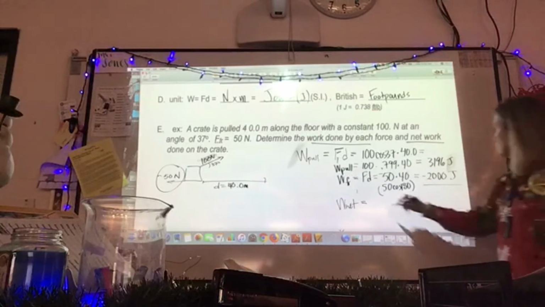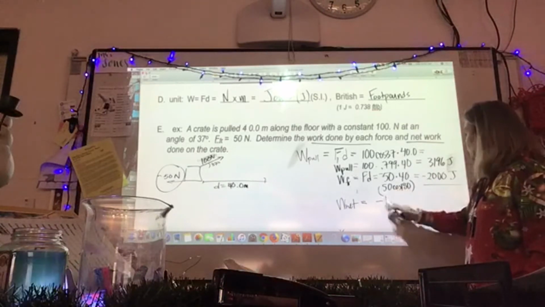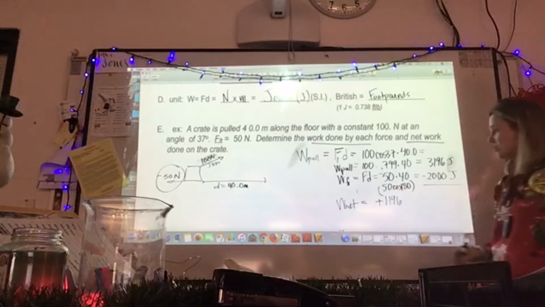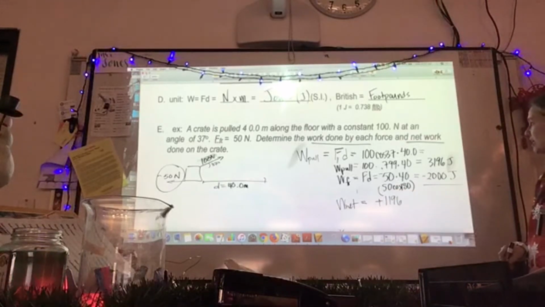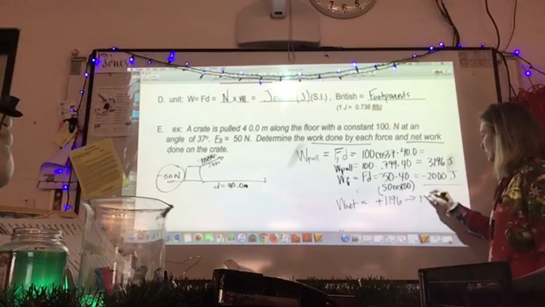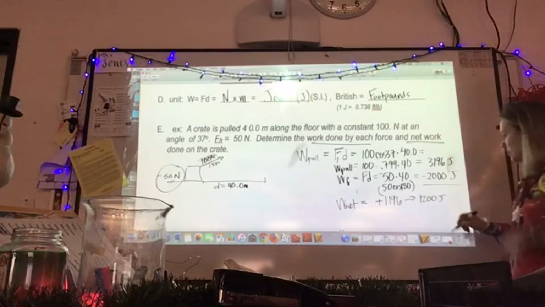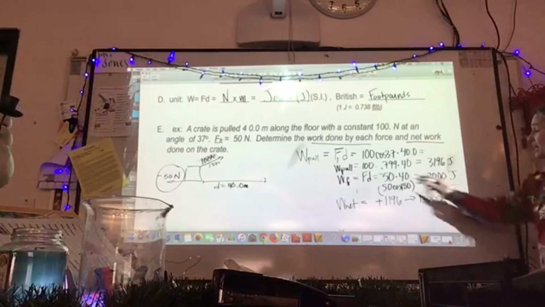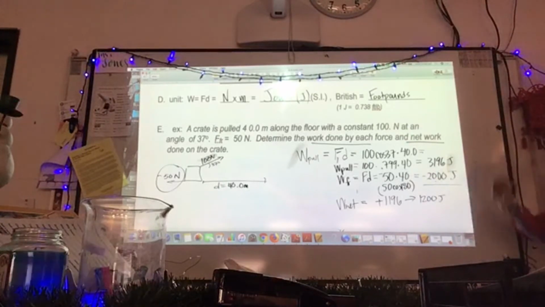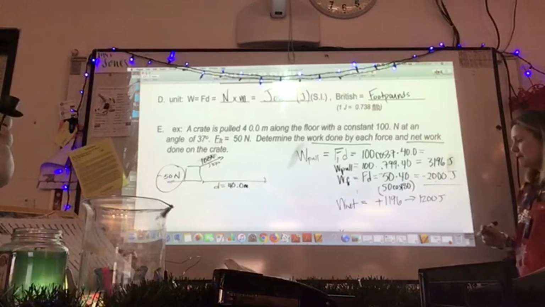No, positive. 1196. I don't know how many sig figs we really have, so maybe 1200? There we go. I think we only had up to here, and then the rule of addition.